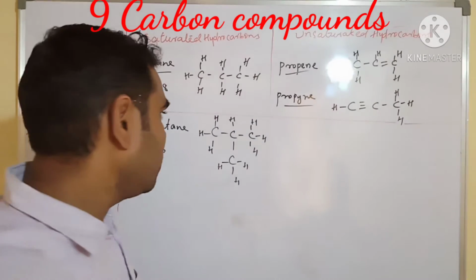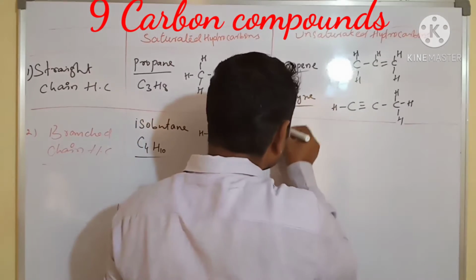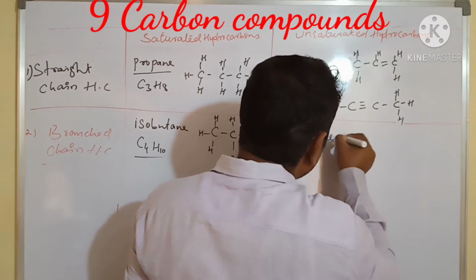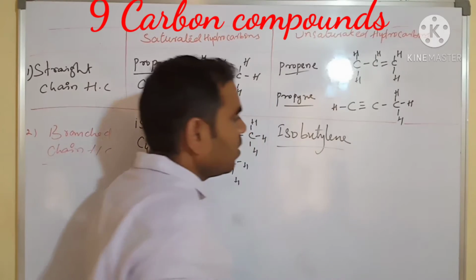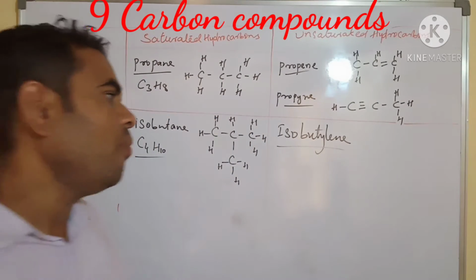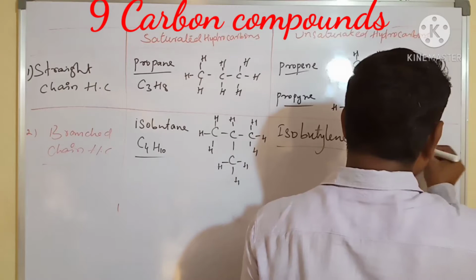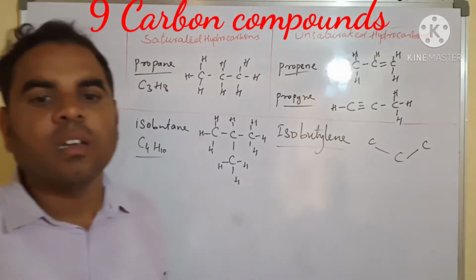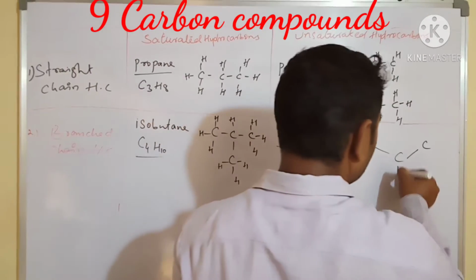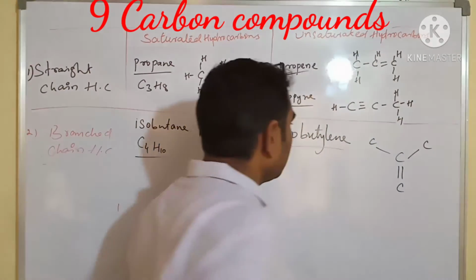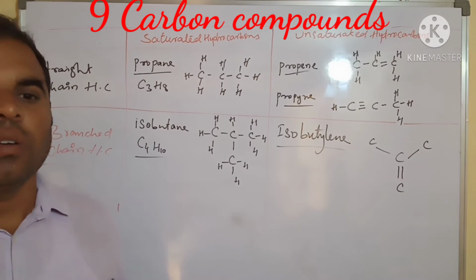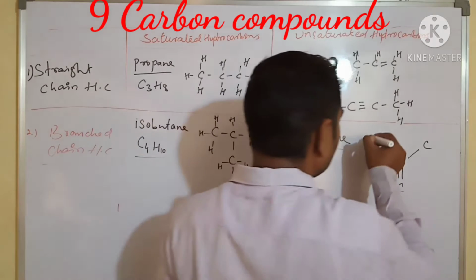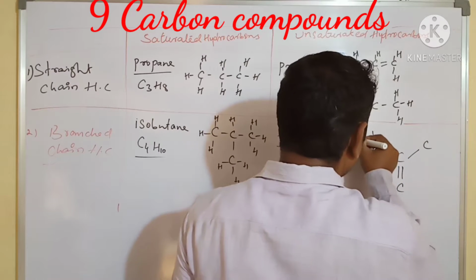Next we see isobutylene. Here also we take the carbons, 3 carbons and another one carbon.